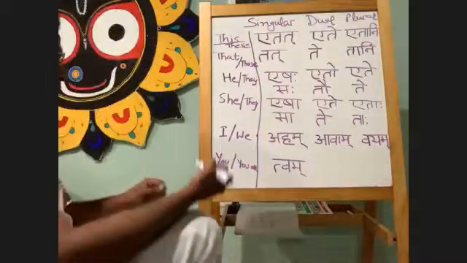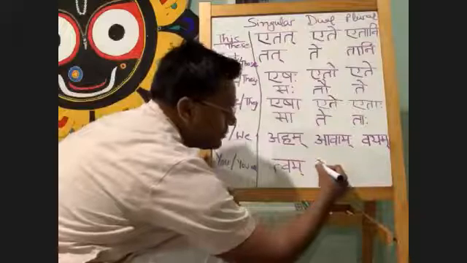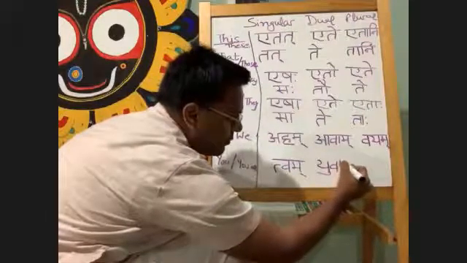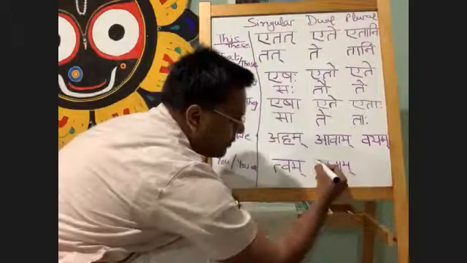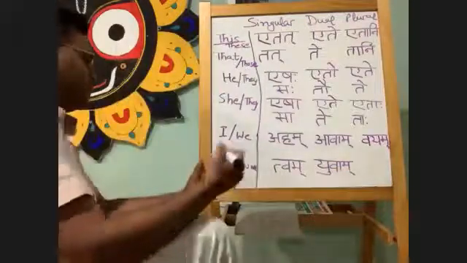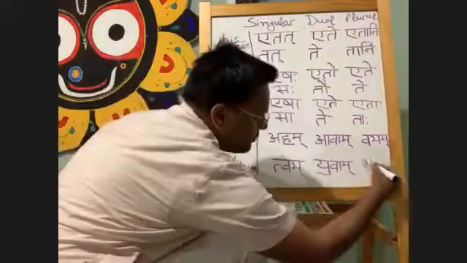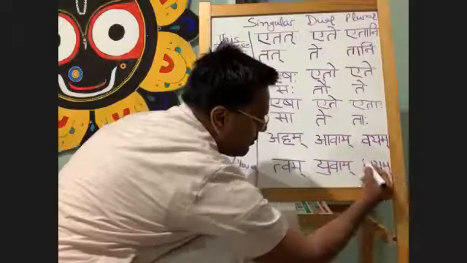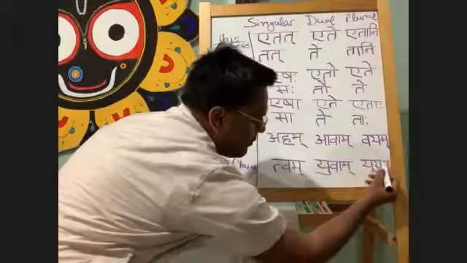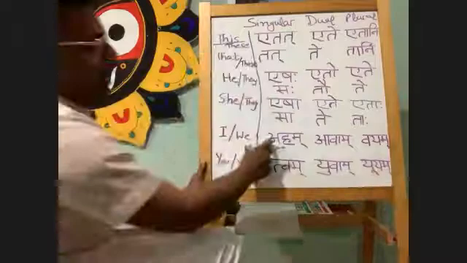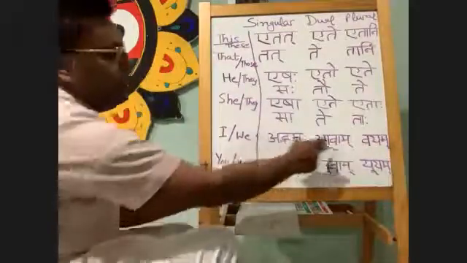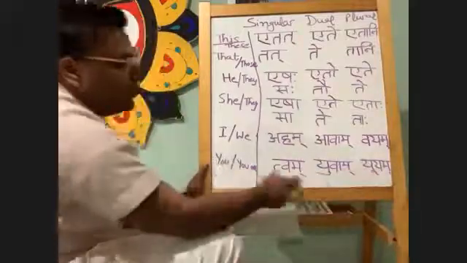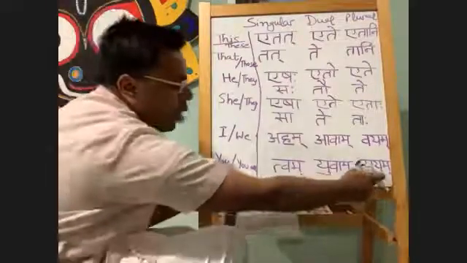So tvam, yuvam, and then yuyam. Aham, avam, vayam: I, we two, and we all. Tvam, yuvam, yuyam: you, two of you, and you all.